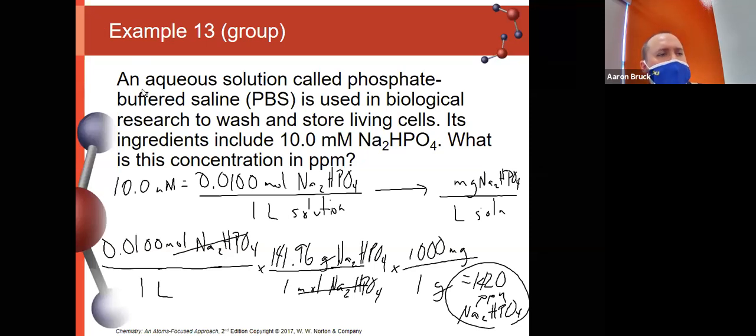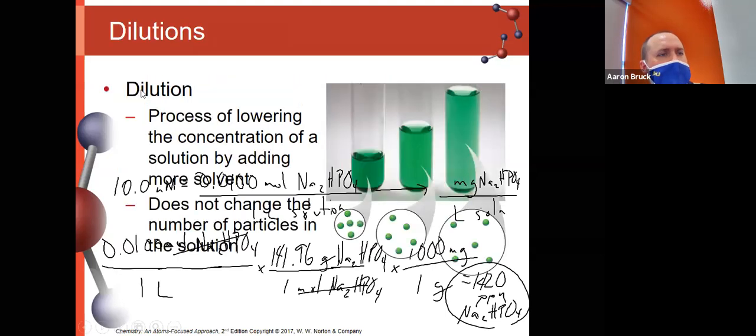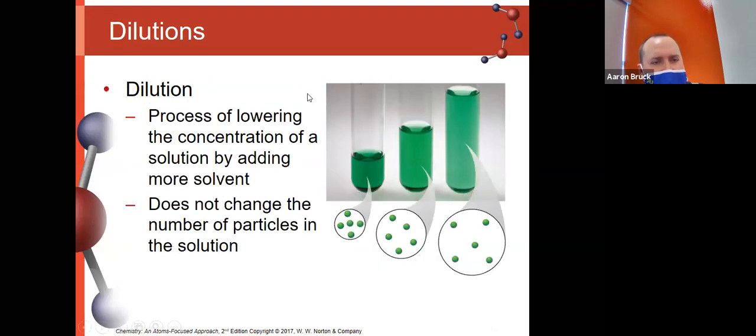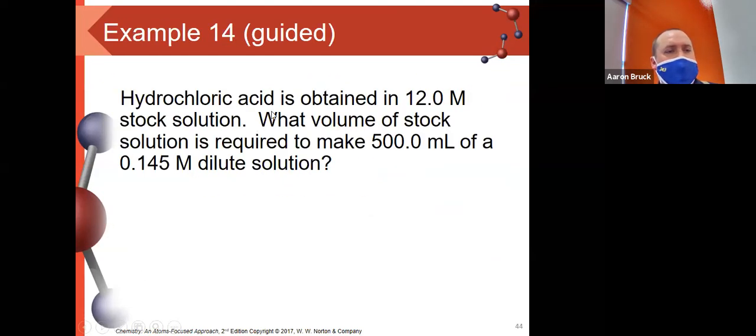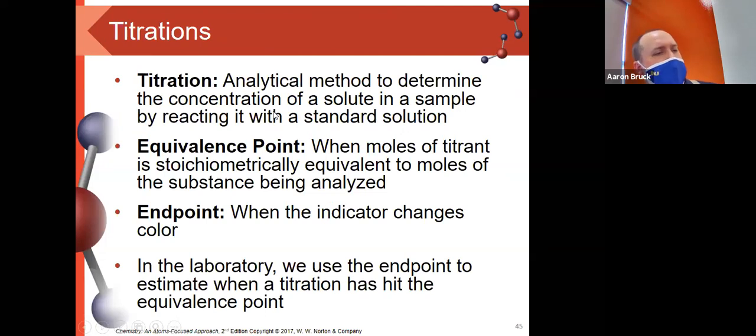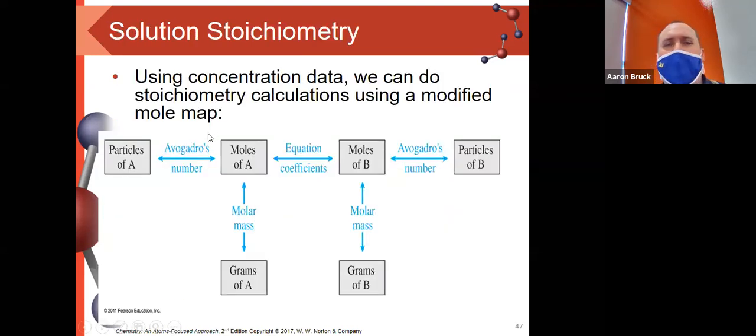All right, let's take a look at where we're going. On Friday, we're going to talk about dilutions, and how dilutions impact and are related to some things that we can do inside of solutions and how we can quantify reactions in solutions. We're talking in particular about titrations, but also about something we call solution stoichiometry.